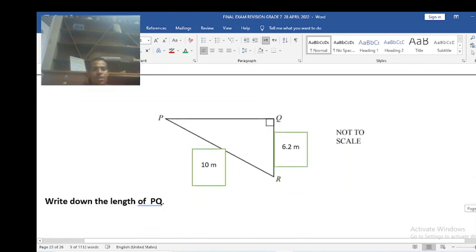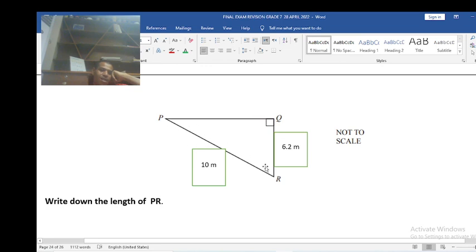Here we have a right angle triangle, RQP, with the right angle at Q, because this is 90 degrees. The length of QR is 6.2 meters, and the length of the hypotenuse PR is 10 meters.